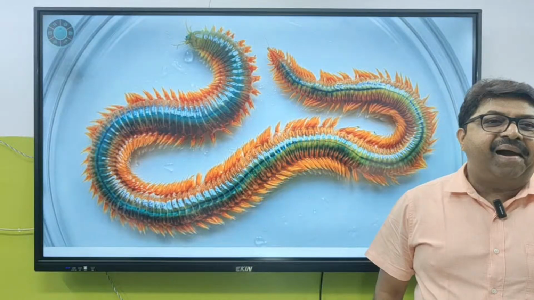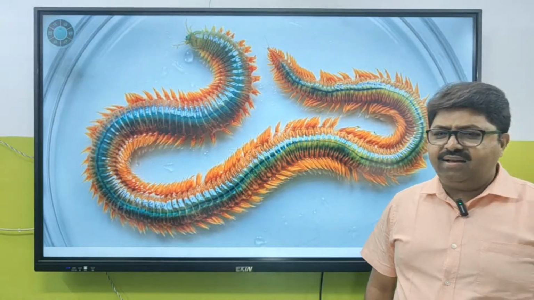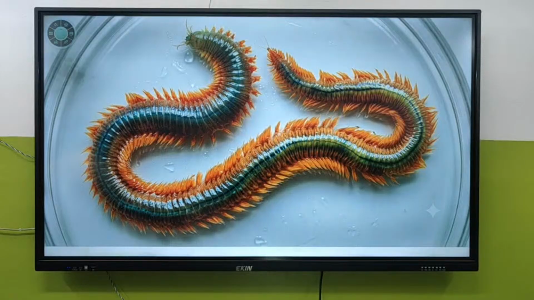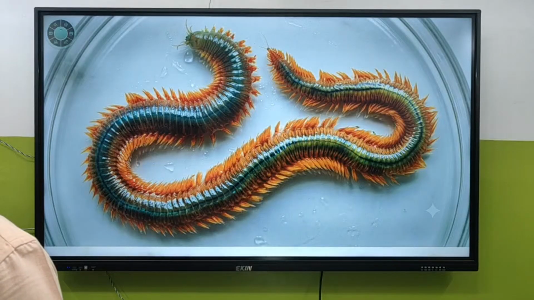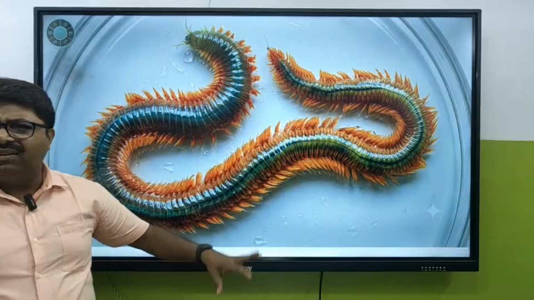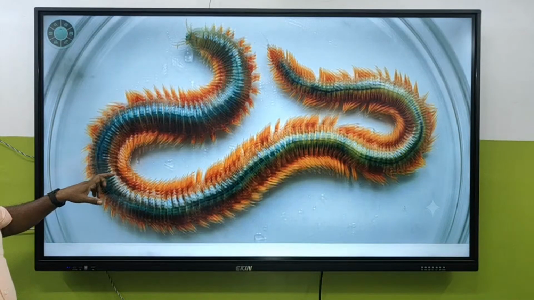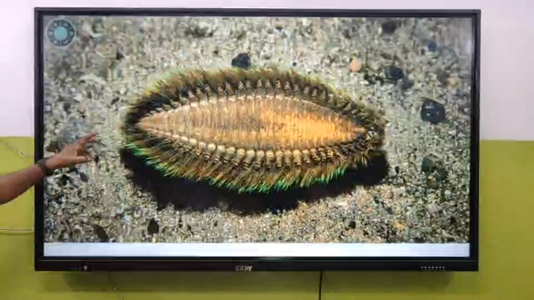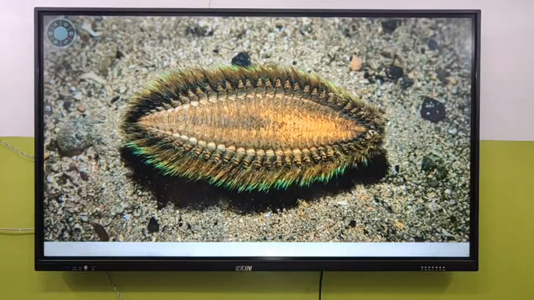They are present inside the marine environment. These are parapodia, locomotory organs. They move with these. They are shy organisms.